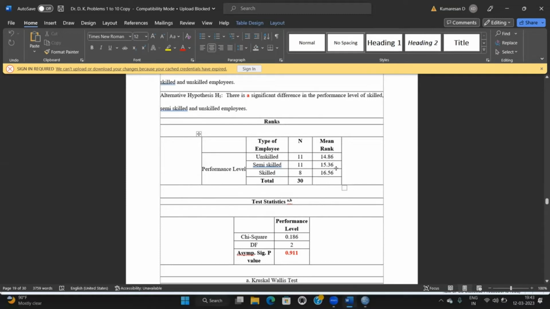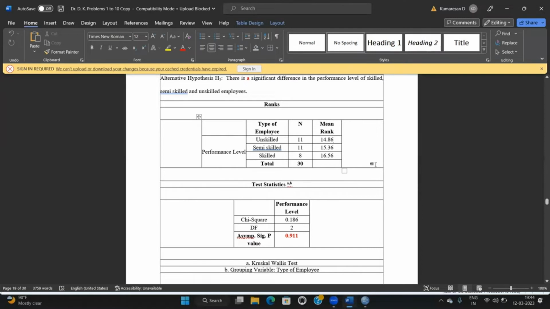So which is the lowest? The lowest is unskilled. So we can say that the unskilled employees have given the best performance in the company than the skilled employees and semi-skilled employees.